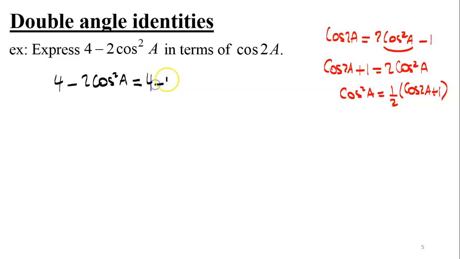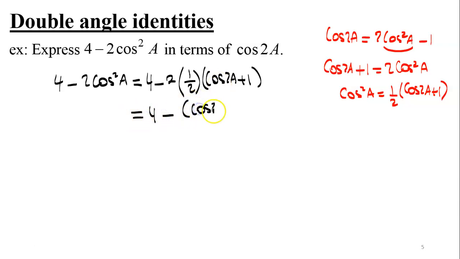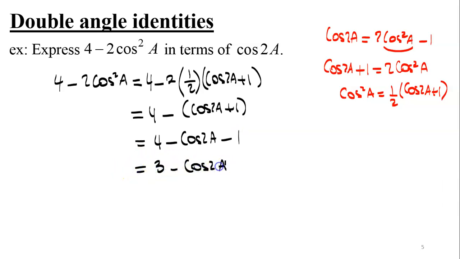So that's 4 minus 2 into a half times cosine 2a plus 1. 2 times half is a 1. So that's 4 minus into cosine 2a plus 1. Expanding the negative, that's 4 minus cosine 2a minus 1, which leaves me with 3 minus cosine 2a.